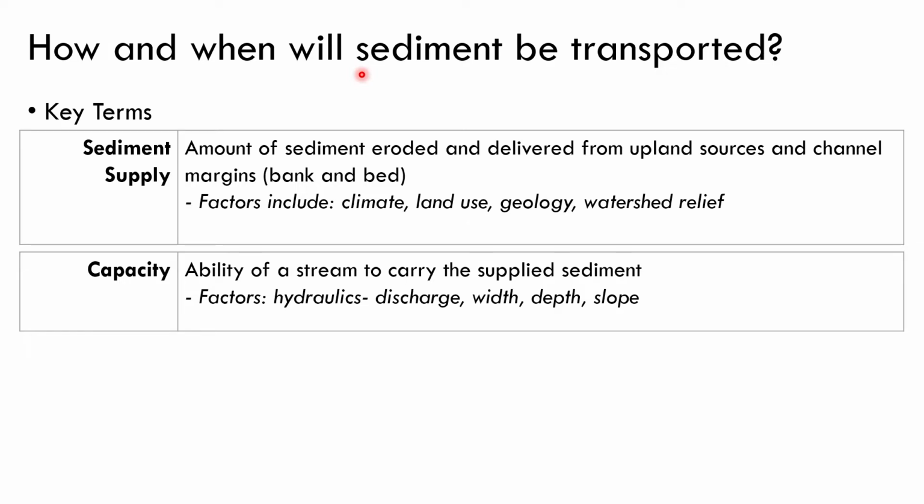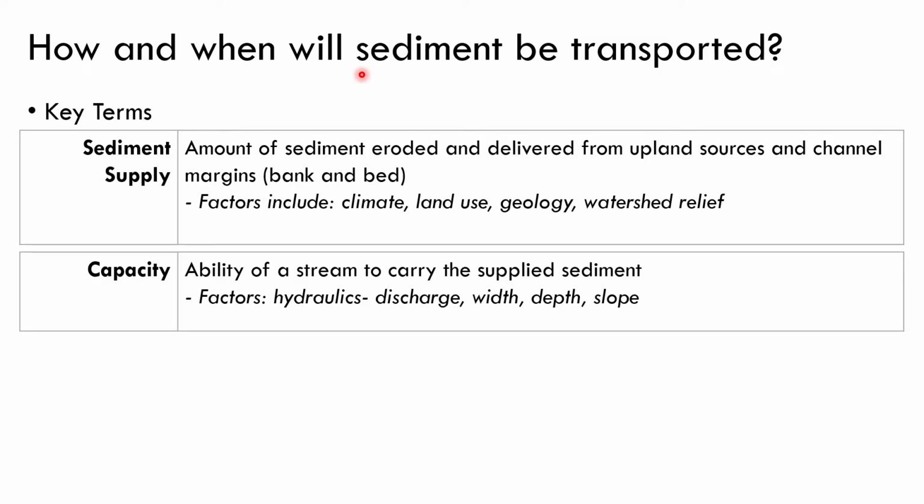Most streams reach an equilibrium with their environment so that they can transport most of the sediment that they're supplied, but capacity is an interesting balancing act that we see tipping one way or the other in a lot of different situations. So capacity is simply the ability for a stream to carry the supplied sediment, and the primary factors influencing capacity are related to hydraulics, so things like discharge, how much discharge and when that discharge comes, the width of the river, the depth of the river, and ultimately the slope of the river.